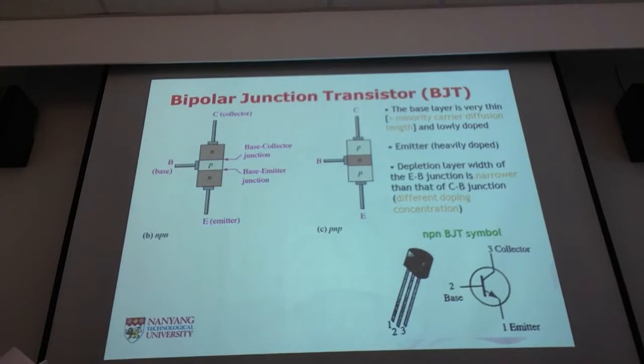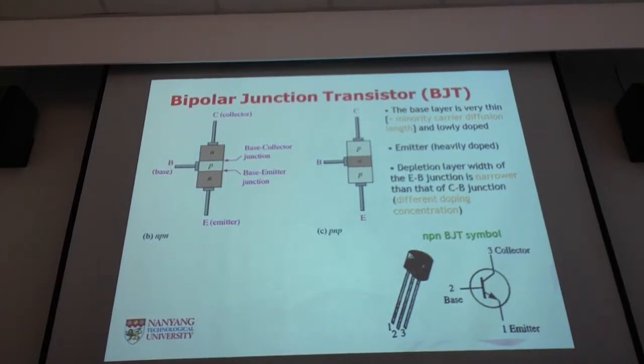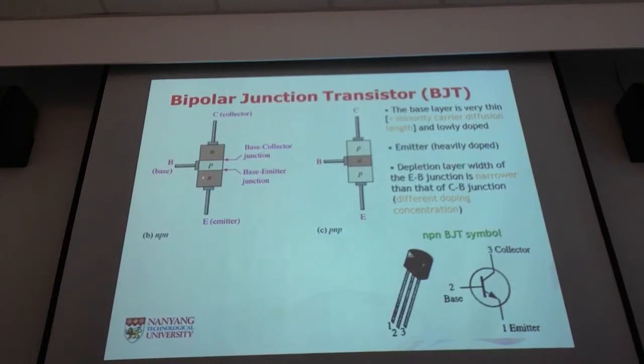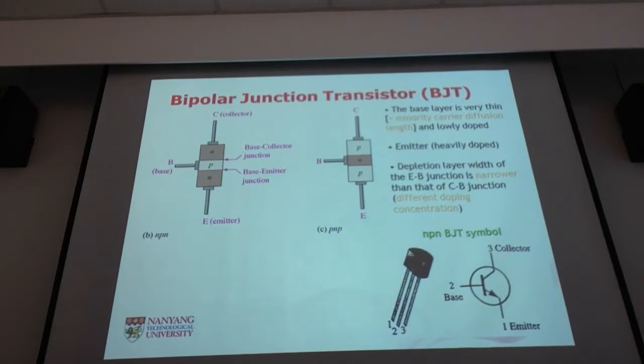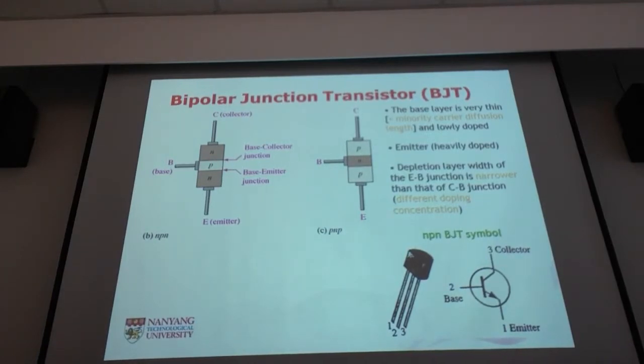If you remember, if there's no applied gate voltage here, the electrons emitted from the emitter go through the base, and they will not reach the collector because the base is full of holes. Which means the electrons diffused into the base will recombine with the holes there, and there's no current here.